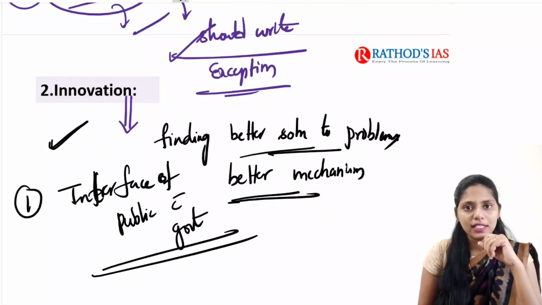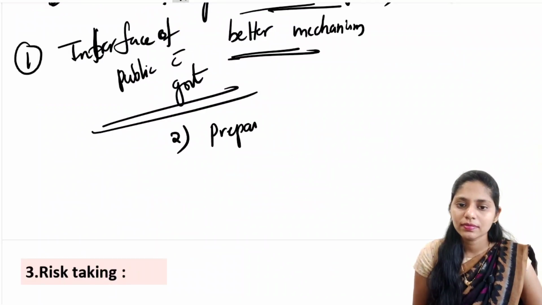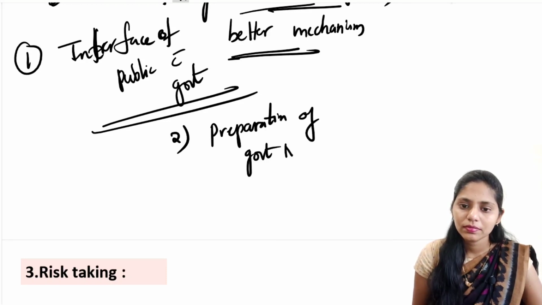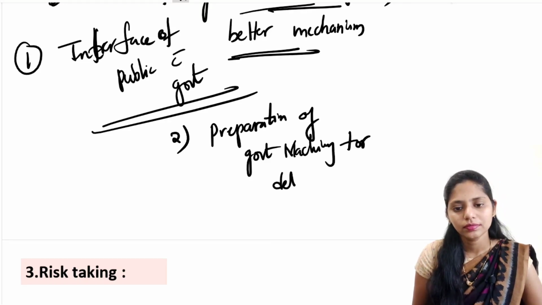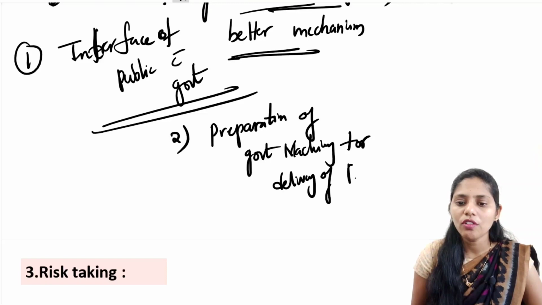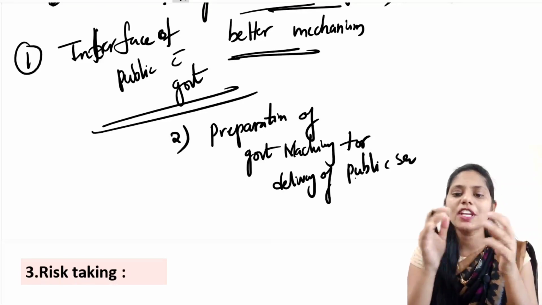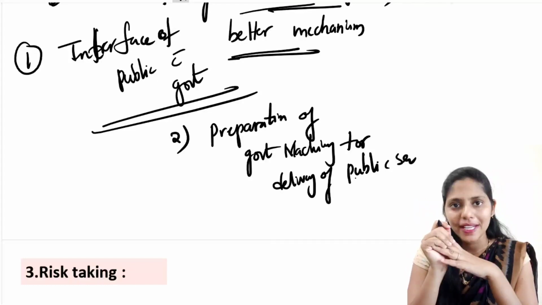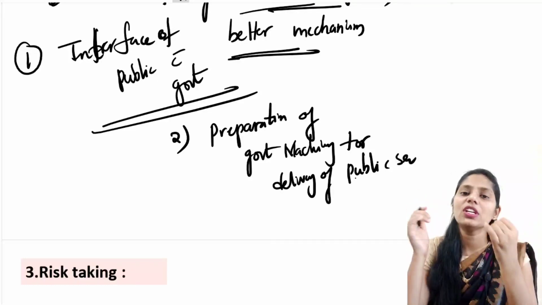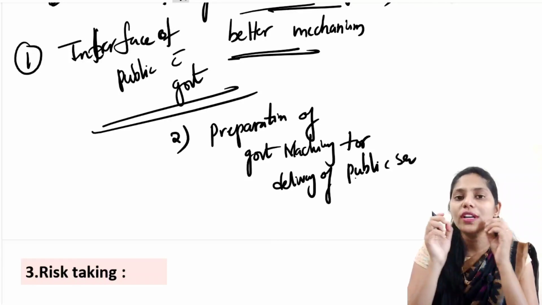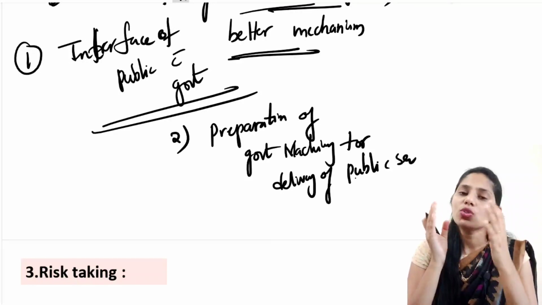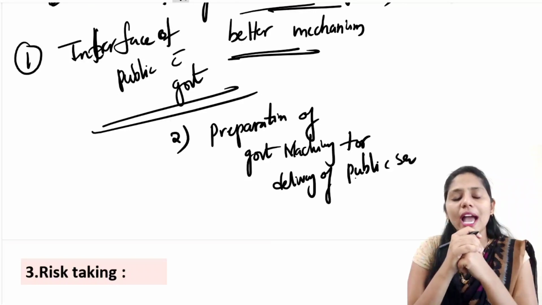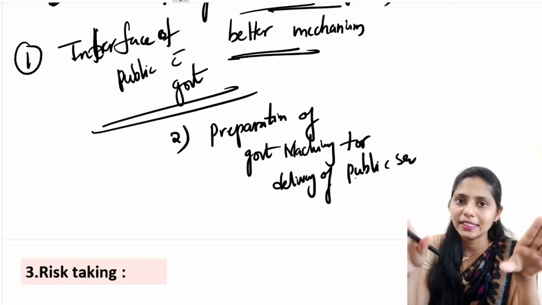And the next one here is preparation of government machinery for delivery of public services. In this dimension, the government needs to focus on delivery of public services. It needs to deliver the service to as many citizens as possible at the same time.